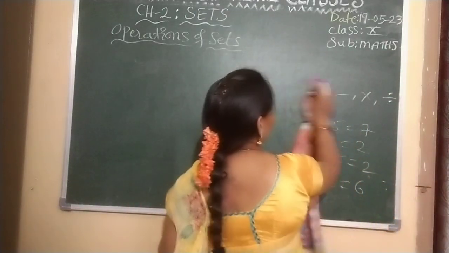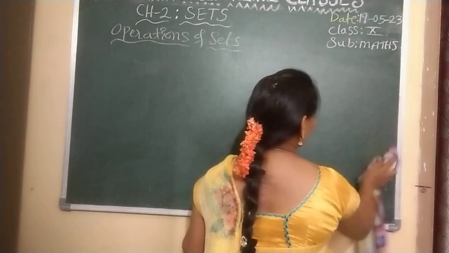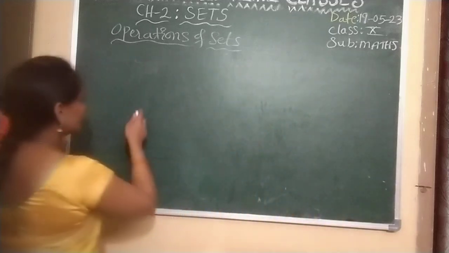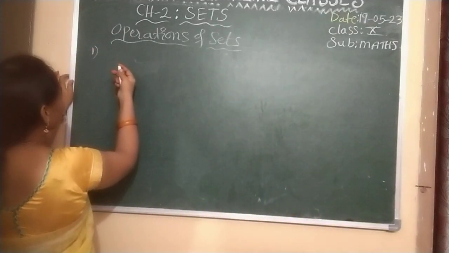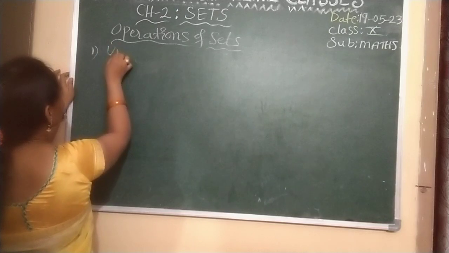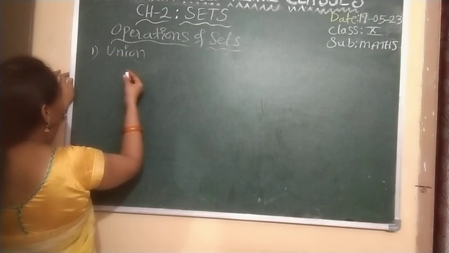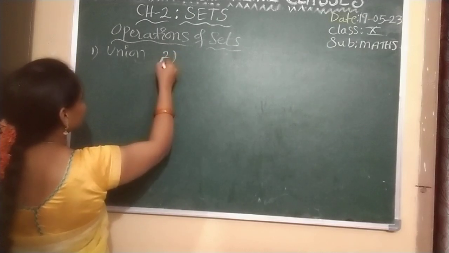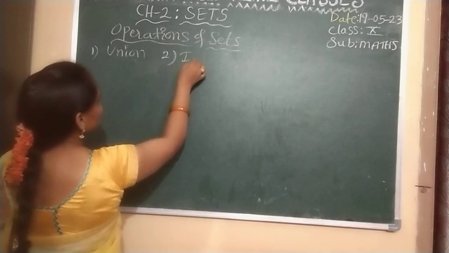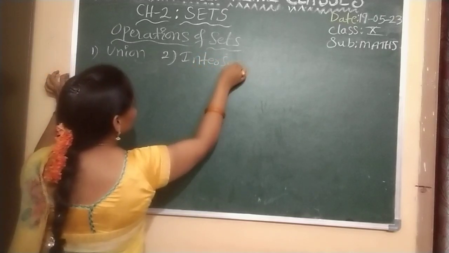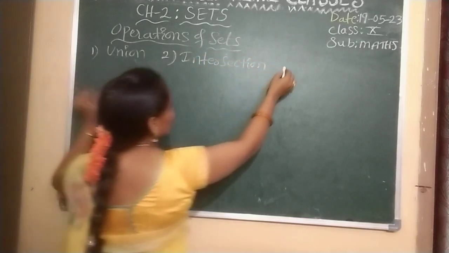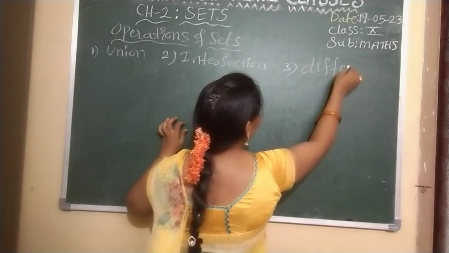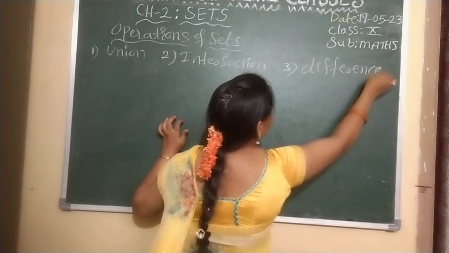Here in sets we have fundamental operations. Those are union, second one is intersection, and third one is difference.